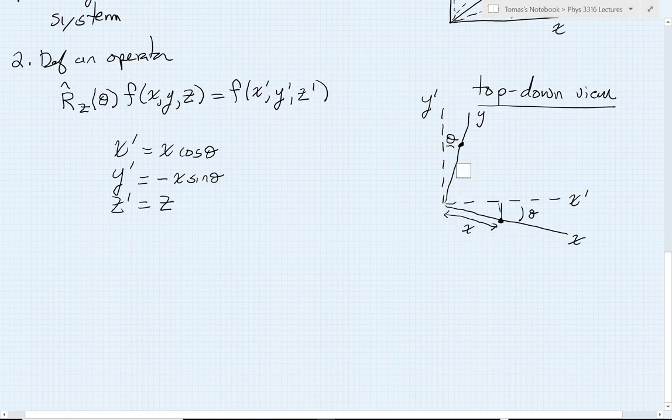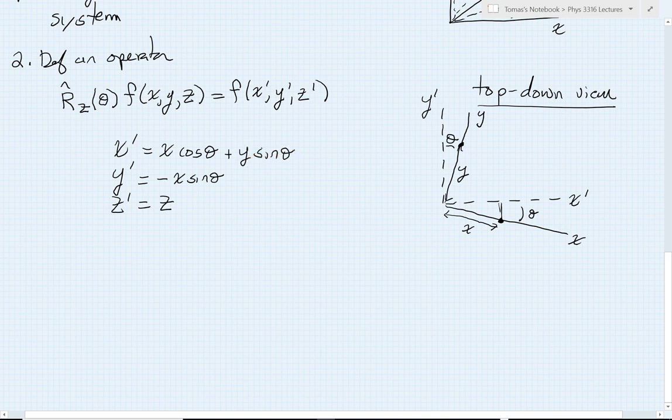If I look for a point along the y-axis, its x prime value now picks up a positive amount, which again will be this distance, my distance y along that original axis, times the sine of theta, because this is the opposite side. So that would pick up a plus y times sine theta.